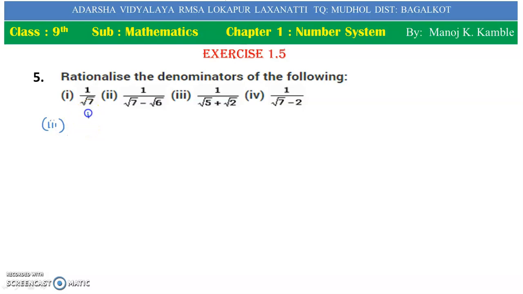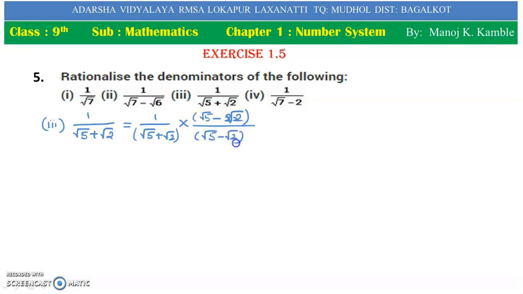Once again a binomial is present in the denominator, but with a plus sign. Okay, so here 1 divided by square root of 5 plus square root of 2. So what is the next number? Square root of 5 minus square root of 2. Why?